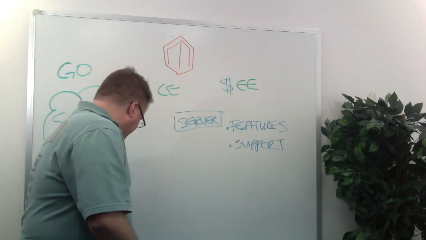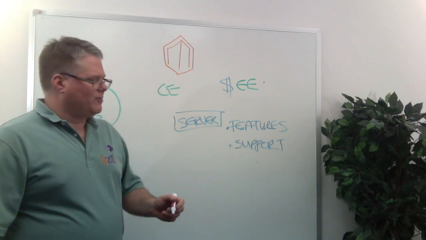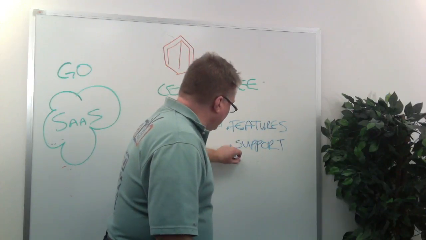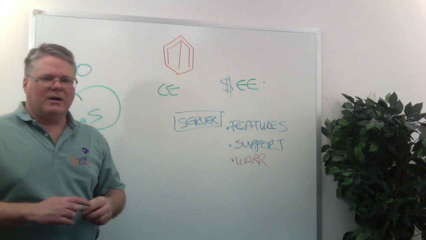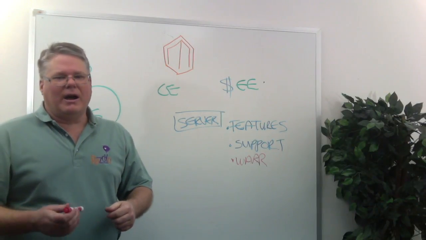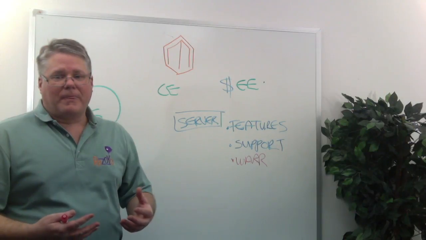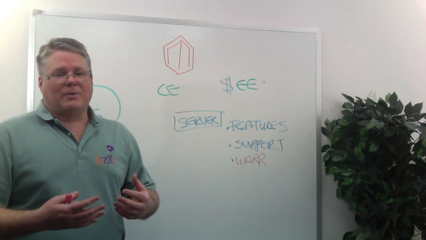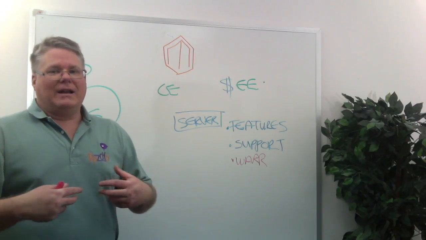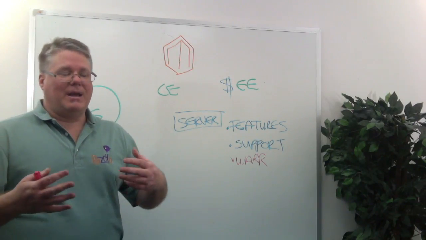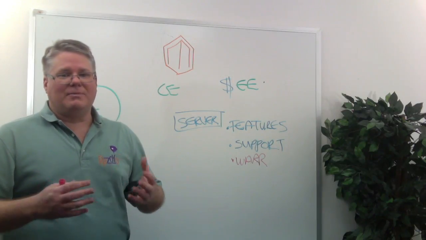Finally, and something that you may have heard of in the software world, is warranty and indemnification. The warranty and indemnification that comes with Magento Enterprise covers the intellectual property of the software. You may have heard of the expression patent trolls. Well, there are companies out there that claim to have a patent on maybe a feature of a website or a certain way of doing things on a website.